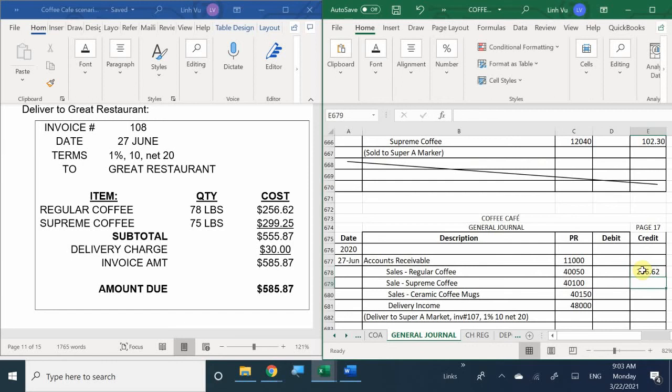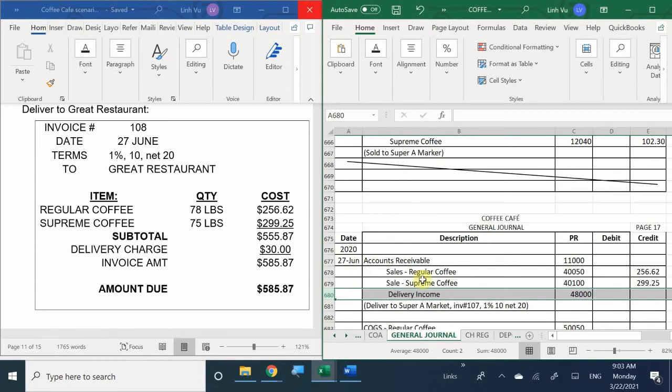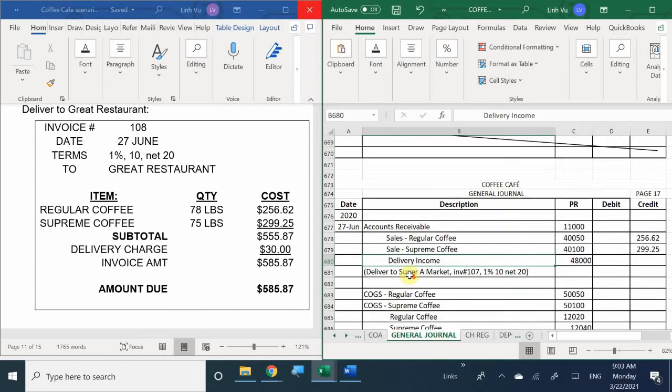What about my Supreme Coffee? 299.25. Okay, this person didn't buy coffee mugs. They only bought those two things. The delivery charge was 30. So therefore, in grand total, they owe us how much? 585.87. Good.